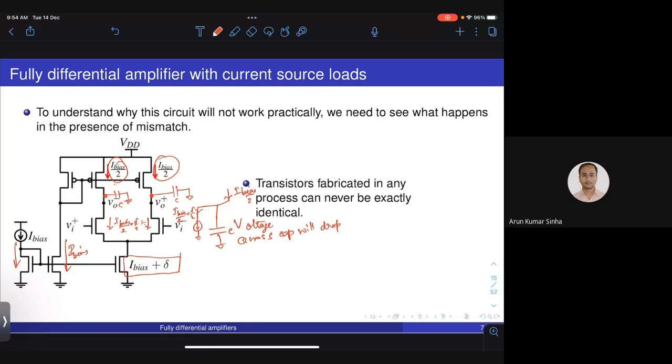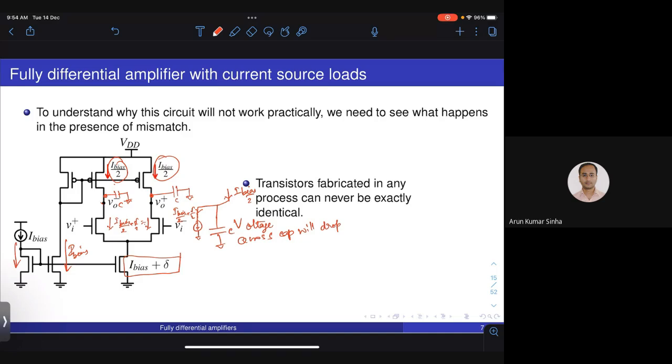The voltage across the capacitor is the integral of I into time, and the current flowing out is exactly equal to delta by 2. So both the output nodes' voltage will keep dropping at a rate determined by the value of the capacitance and the mismatch delta, and because it is split into 2, assuming it is split equally, the split will be delta by 2.